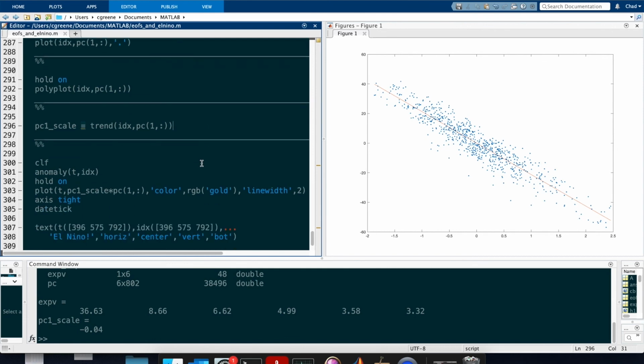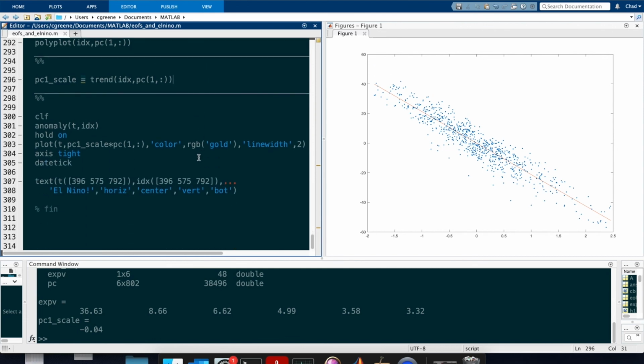This is just so we can compare directly the first principal component against the mean sea surface temperatures within that Niño 3.4 box. So here we've gotten the scalar factor, and we're going to multiply that by the first principal component time series and compare it to the index calculated by the ENSO function.